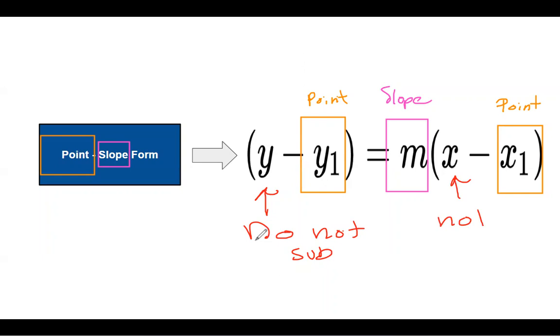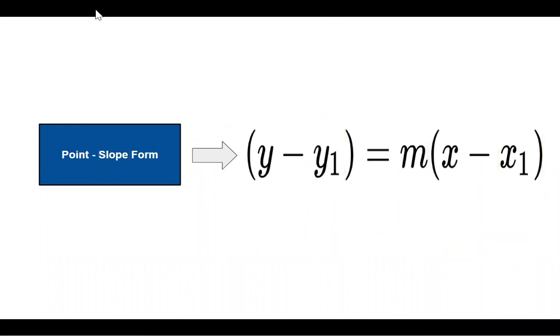Do not do anything with them, but leave them by themselves. Make them be part of your equation. We're not substituting anything there because we already substituted something in our point variable and also in your slope here. So with that said, you guys ready?